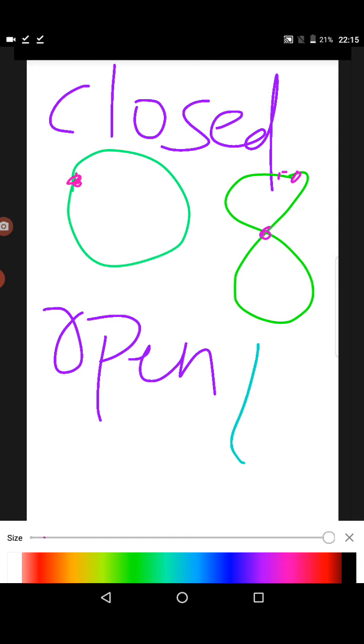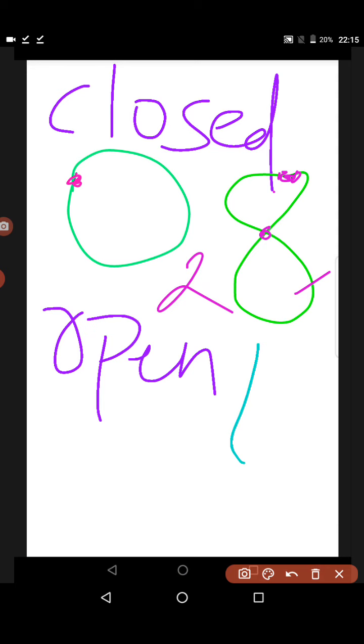So here you find that there are 2 points, right? This can be a closed figure, but let's move on to one more small topic called simple closed figure.